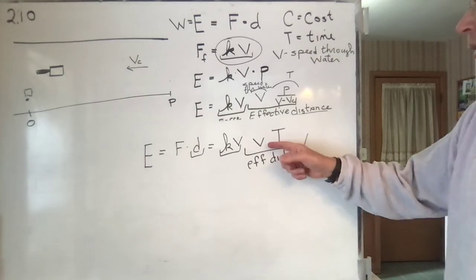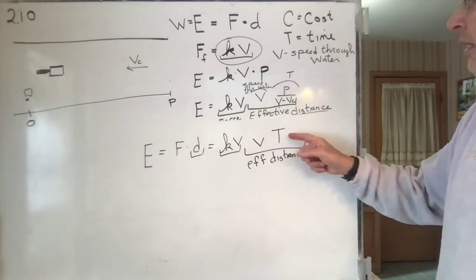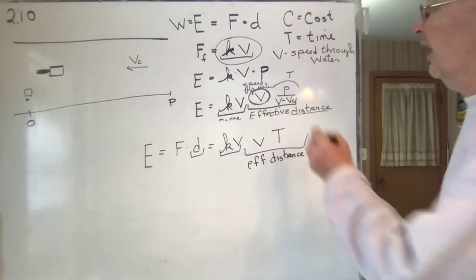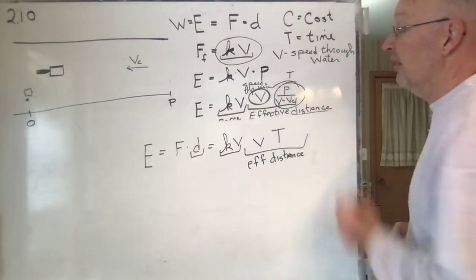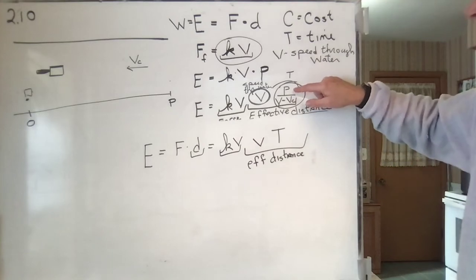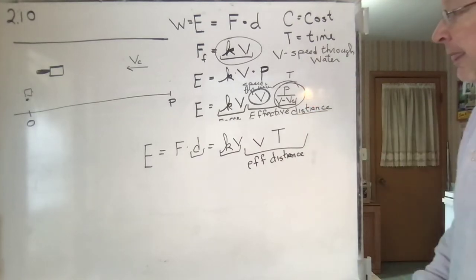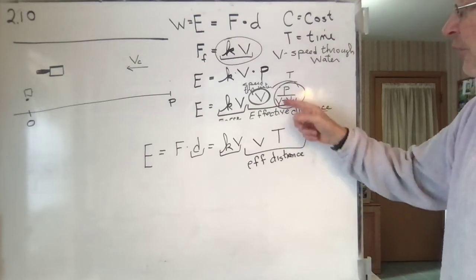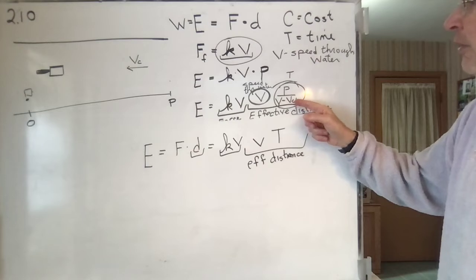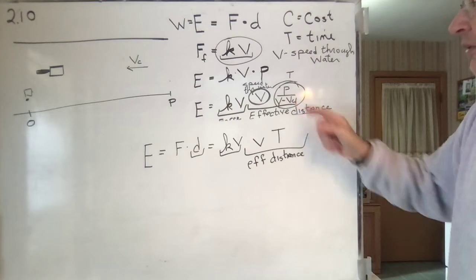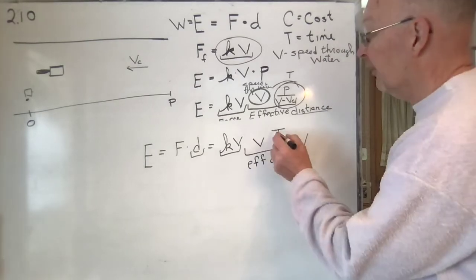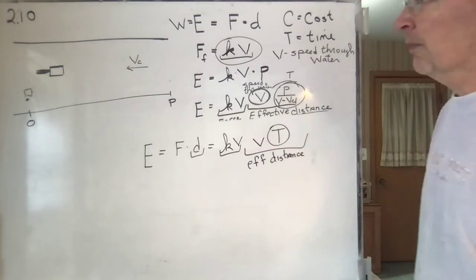Same as before. It's the speed through the water. That's what you had right there. See that? That was your speed through the water times the amount of time that it takes. And as before, we're going to have to come up with a formula for the time it takes. Okay? It won't be quite like this, because this was pretty simple. This is when V sub c was a constant value. Now it's variable.